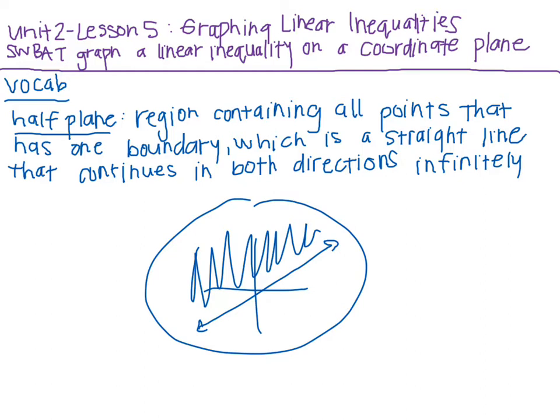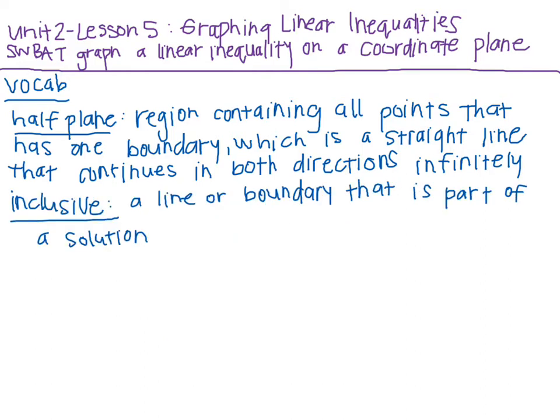Our next term is inclusive. Inclusive is a line or boundary that is part of a solution. So when we are graphing our inequalities, if you have the inequality less than or equal to or greater than or equal to, that means it includes the boundary line.